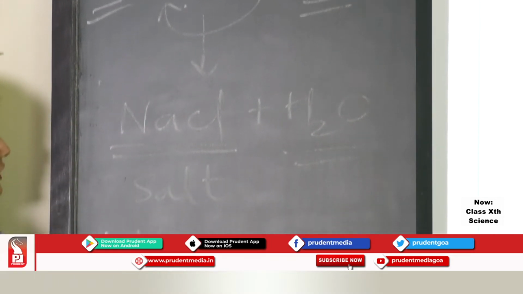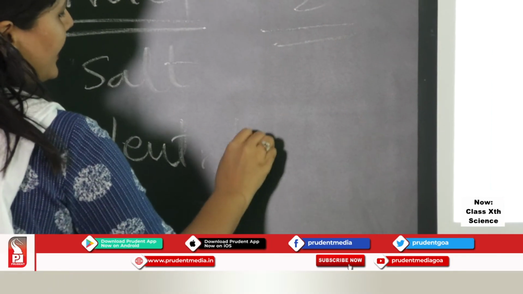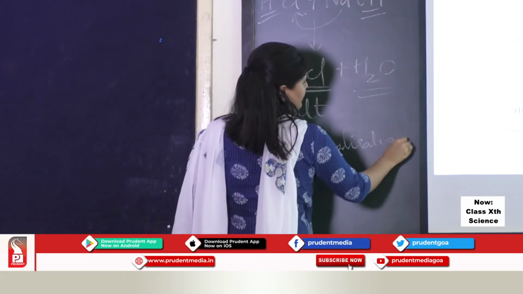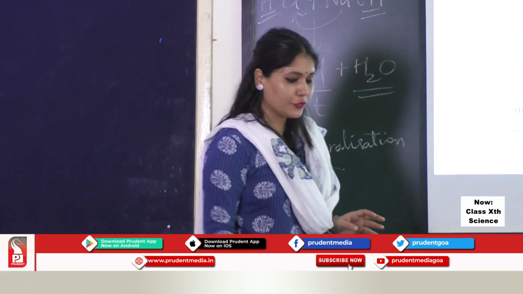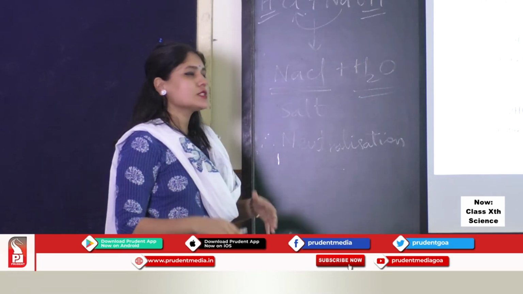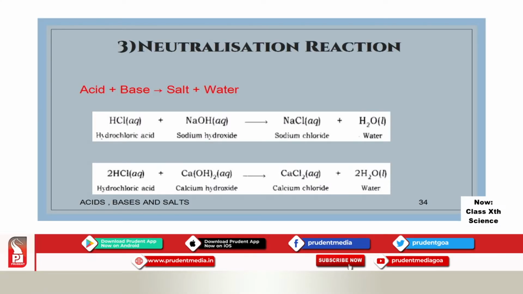Therefore, this reaction is your neutralization reaction. I hope this is clear to all of you. In the second example, the base you have taken is calcium hydroxide. When calcium hydroxide reacts with hydrochloric acid, it results in the formation of calcium chloride and water. Fine?